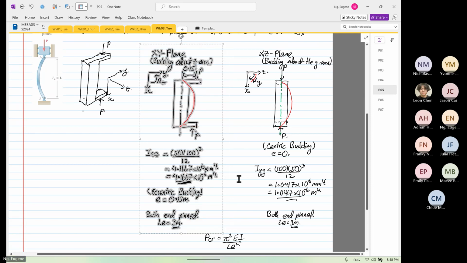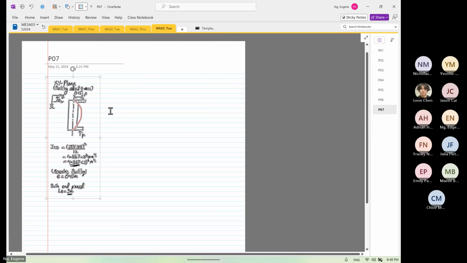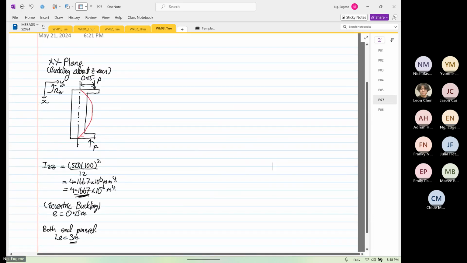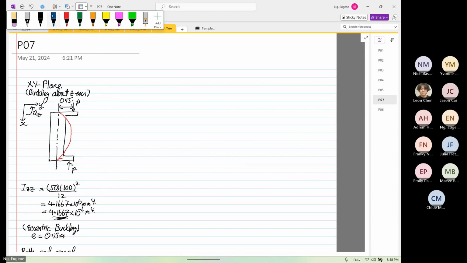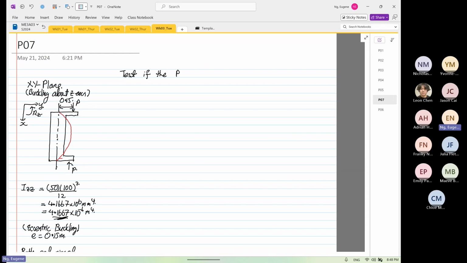Now we have to test, after knowing that, if the P critical, which is equal to what?